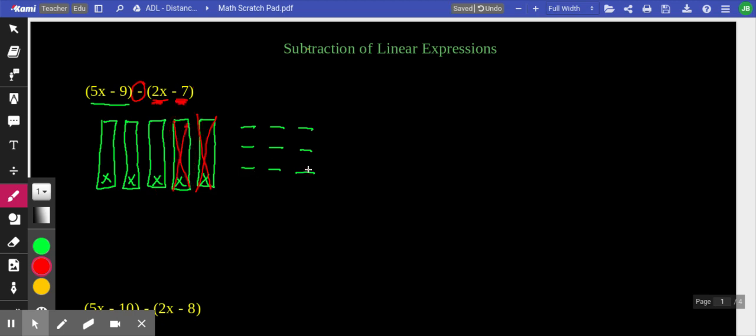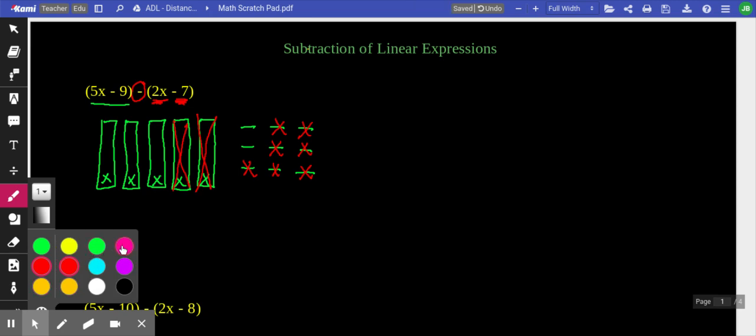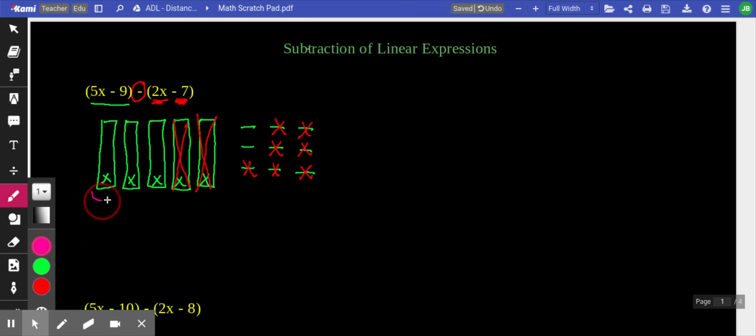So that means this one, 1, 2, 3, 4, 5, 6, 7. Now, in doing so, I only have 3 x's left, and I only have 2 negatives left. So my answer there is going to be 3x minus 2.